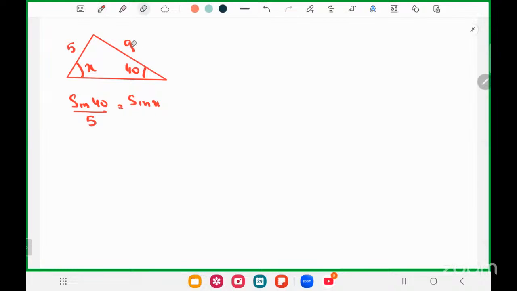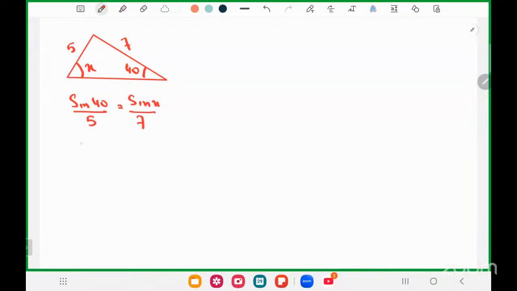And if I take this side as 7 instead of 9, so if this is 5, this is 7, this is x, this is 40, and I need to find sin x. So sin 40 upon 5 is sin x upon 7.